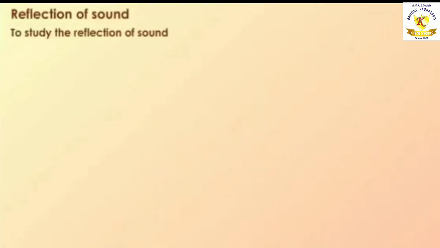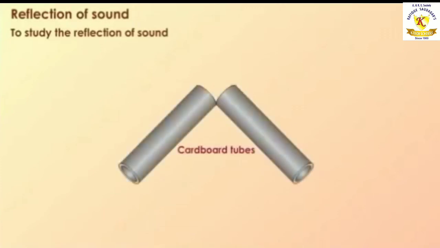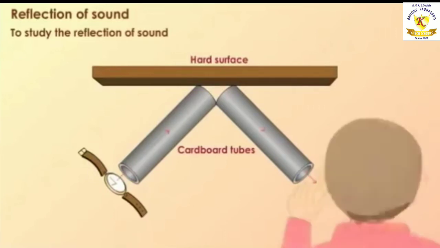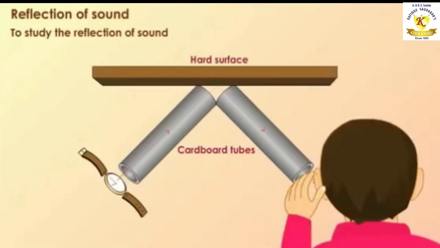To study the reflection of sound. Now arrange two cardboard tubes in front of a wooden board as shown here. Put a wrist watch at the end of one tube and listen from the other tube.